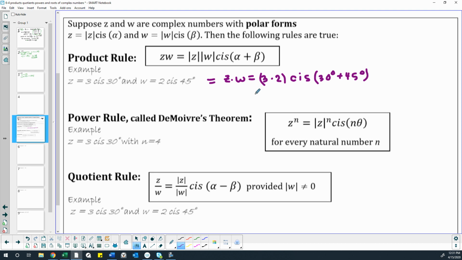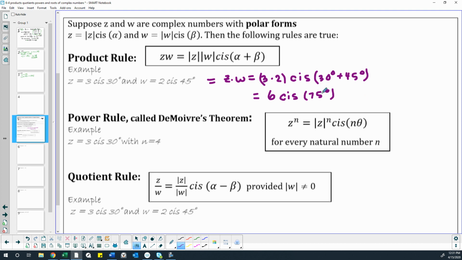That gives us a new complex number, 6 times the cosine plus i sine of 75 degrees, our new polar expression for the complex number that results when we multiply these two complex numbers together.